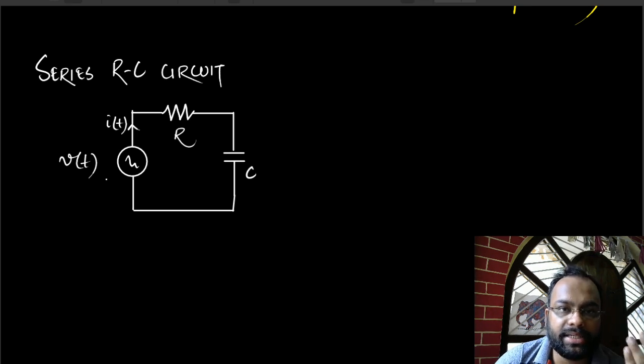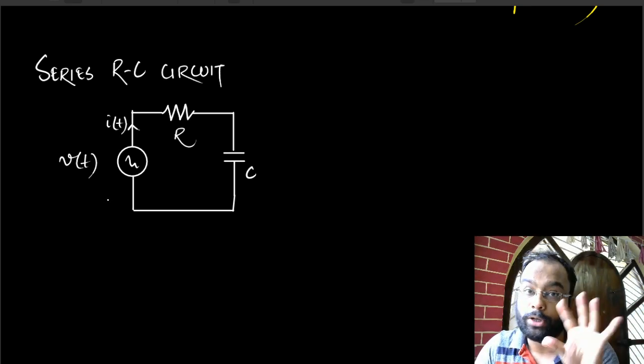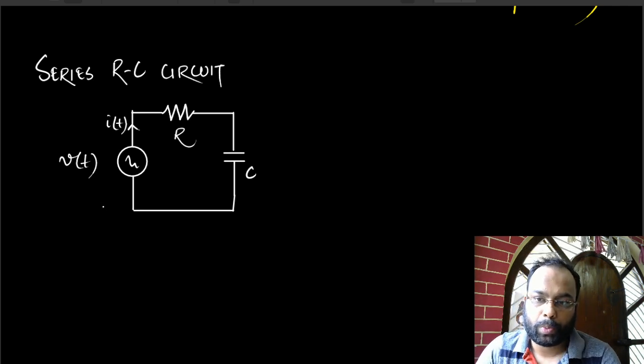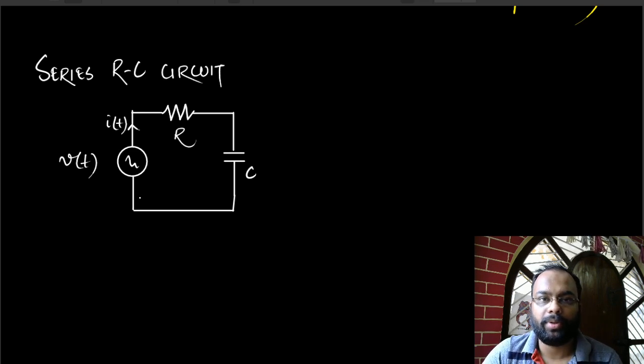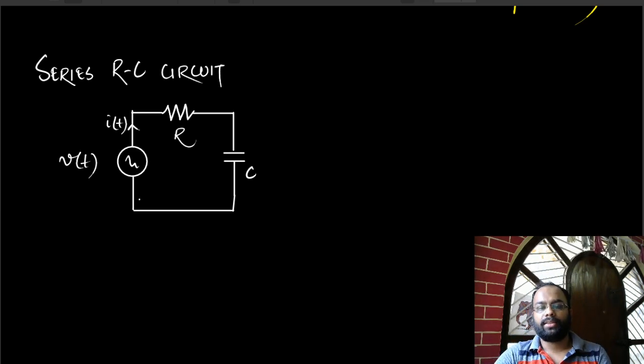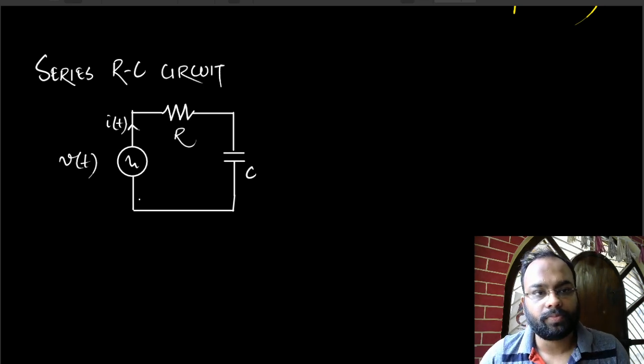But for a series RC circuit, what do we consider to be the output usually? Can somebody tell me? No, not IR.